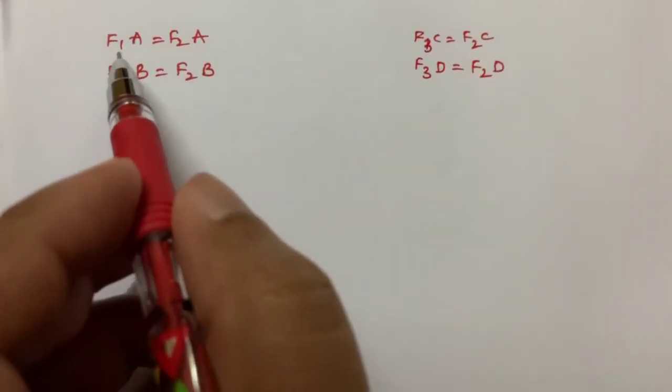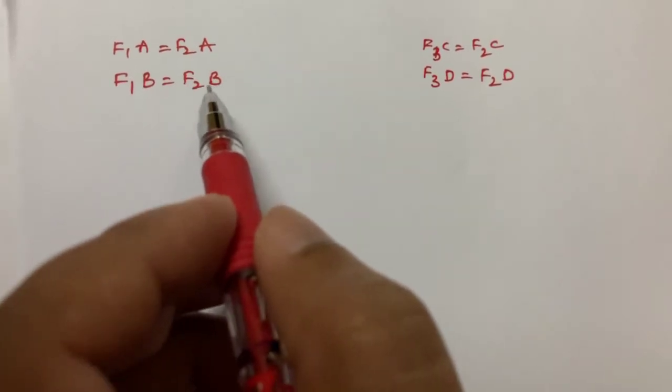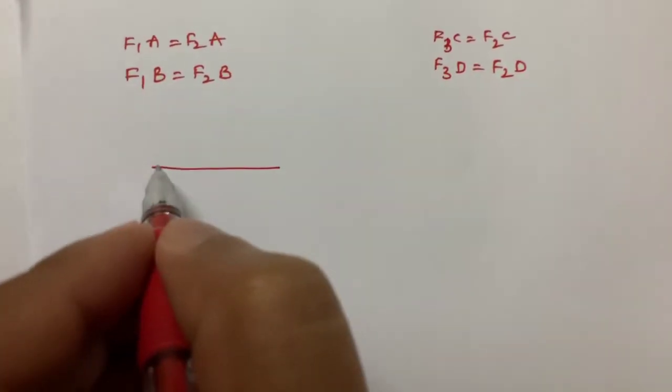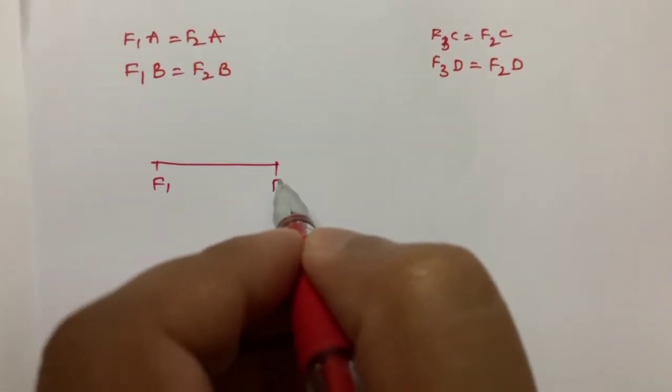So we got f1 A is equal to f2 A, f2 B is equal to f1 B. So let's say I'll consider a line joining f1 and f2.